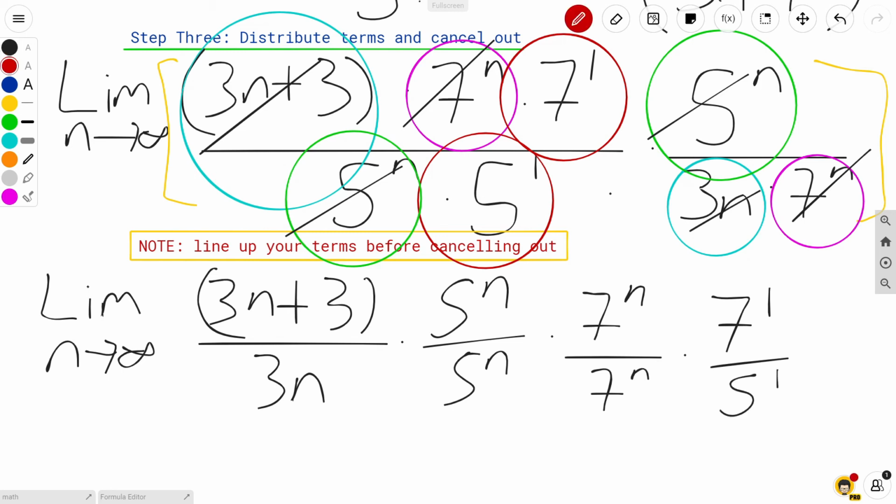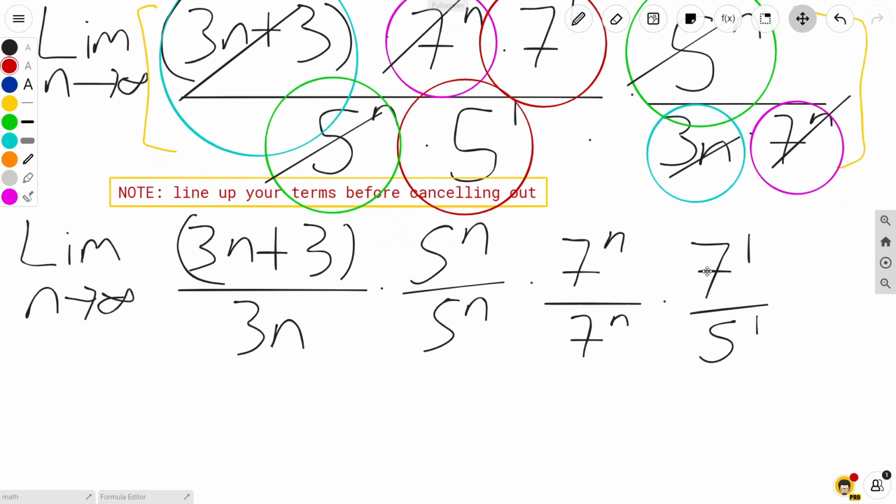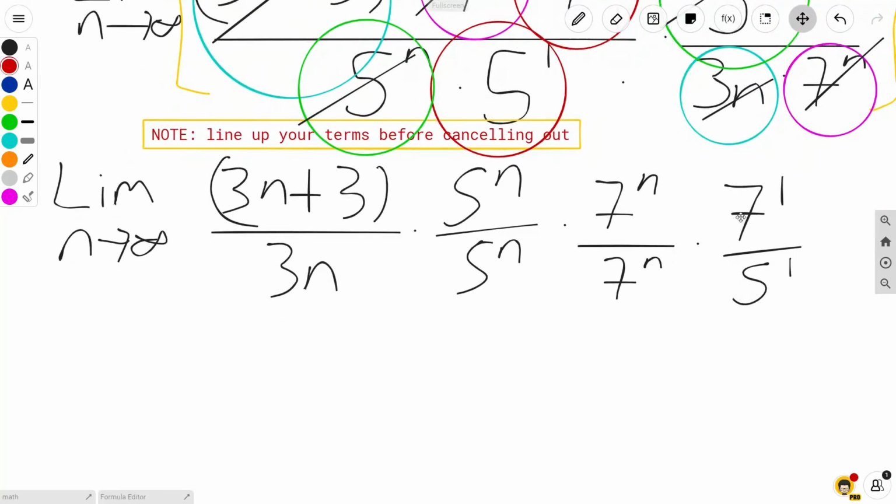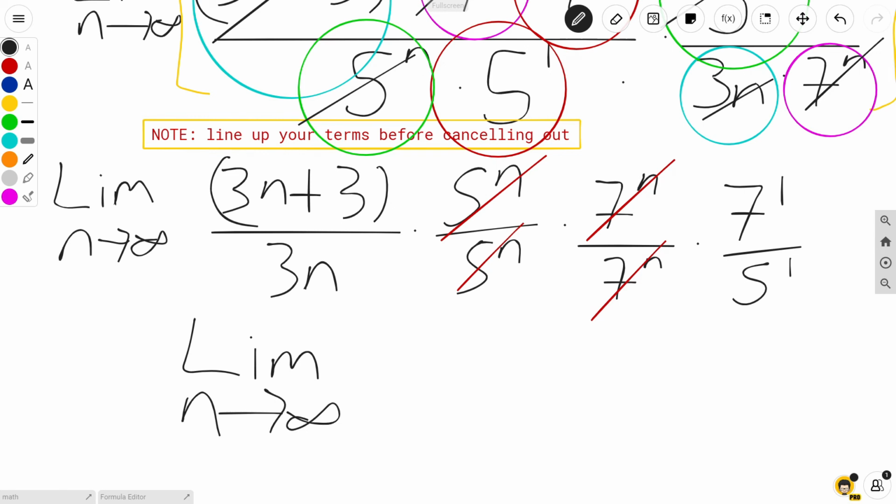So now, why do we like to line things up? So we can see things cancel out properly and we know we're not making a mistake. Right here we can see that 5^n divided by 5^n cancels and 7^n divided by 7^n cancels. So we're left with the limit as n approaches infinity of (3n + 3) divided by 3n.